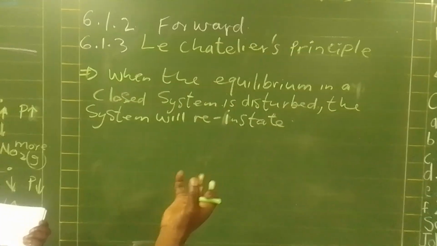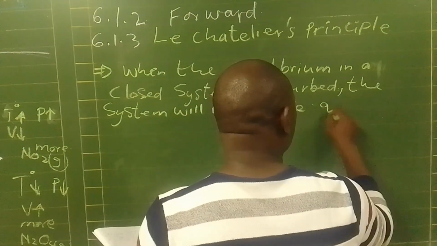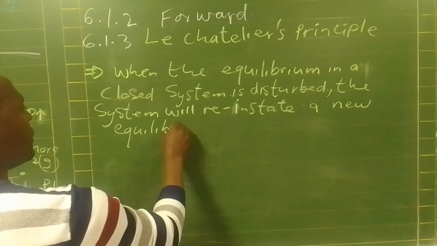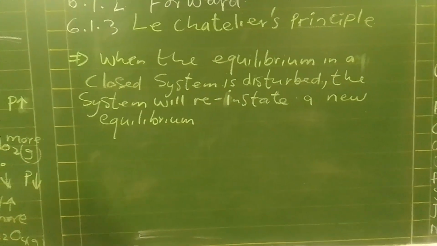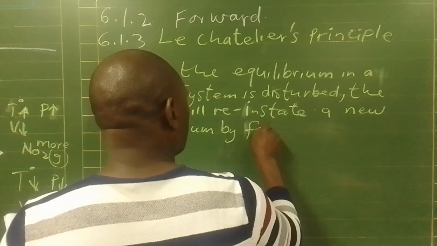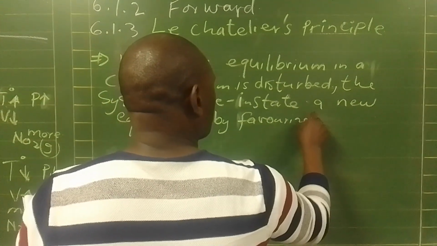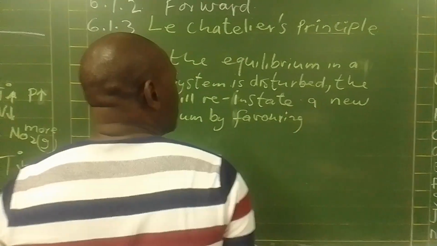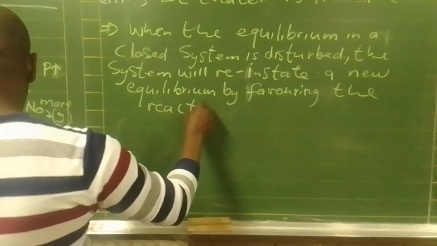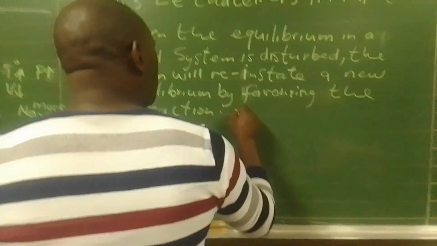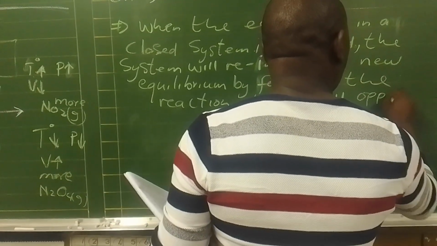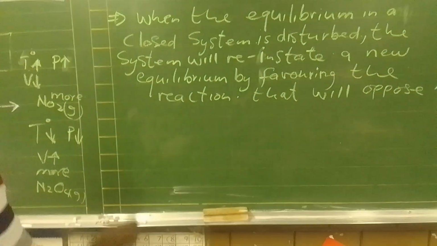In other words, it will adjust itself to a new equilibrium by favoring the reaction that will oppose the disturbance.